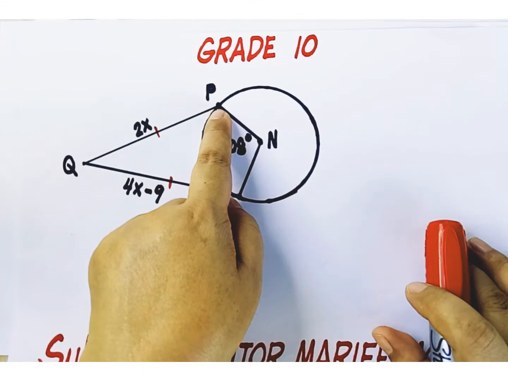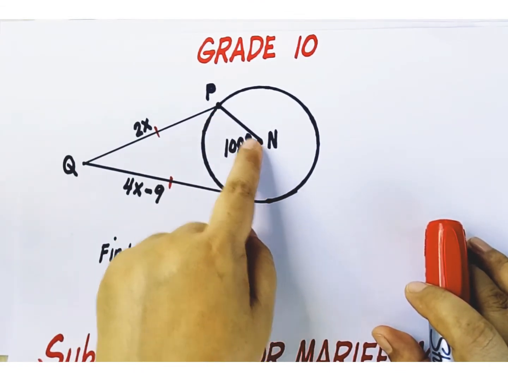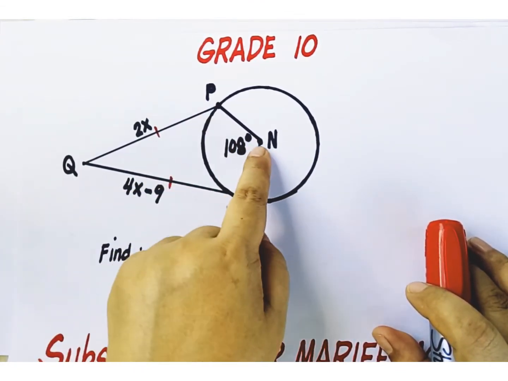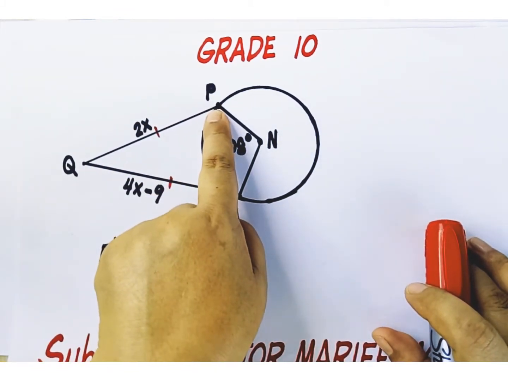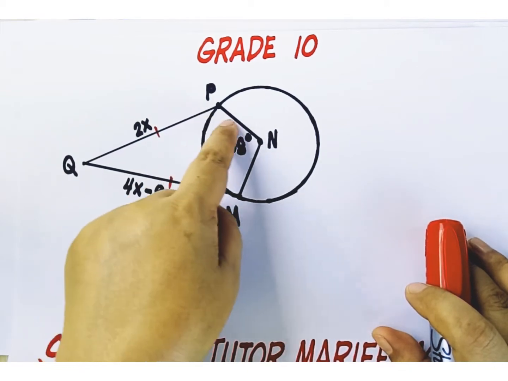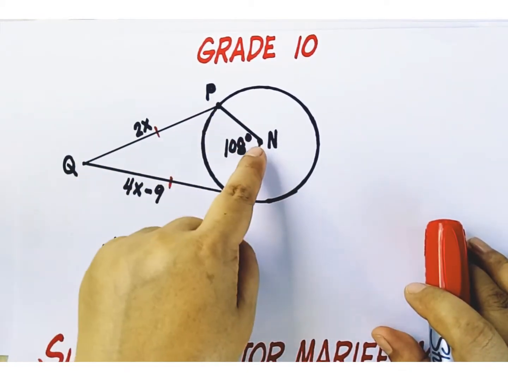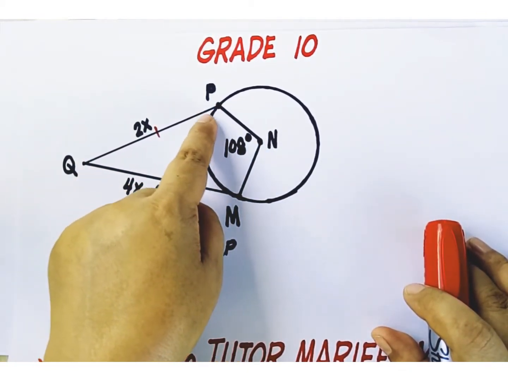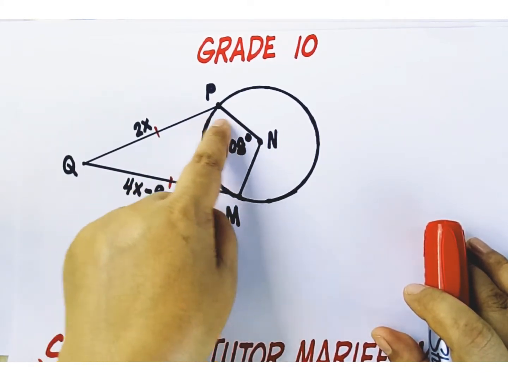PQ is a tangent segment. This radius NP is drawn to the point of tangency, to point P. Therefore, the angle formed by this tangent segment and this radius is equal to 90 degrees.